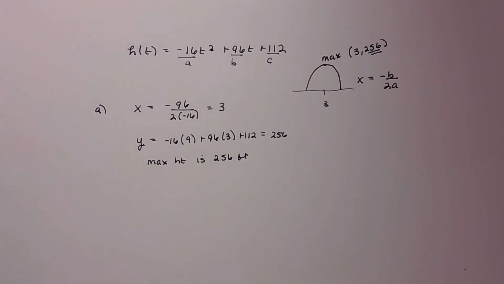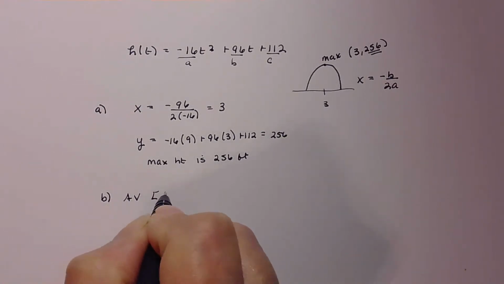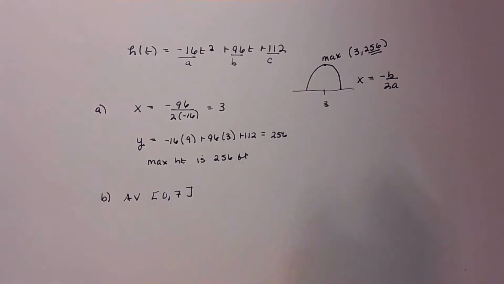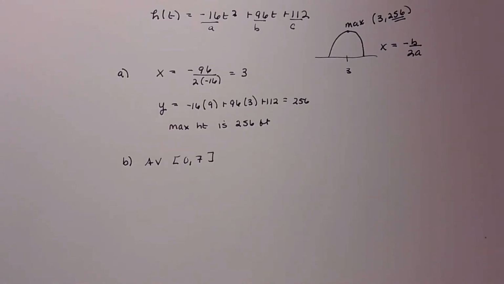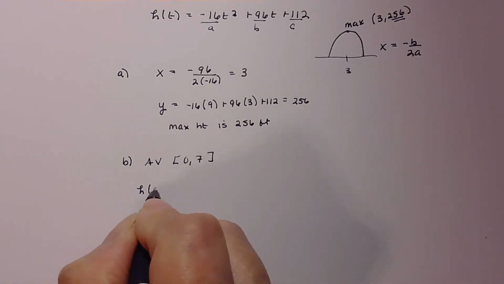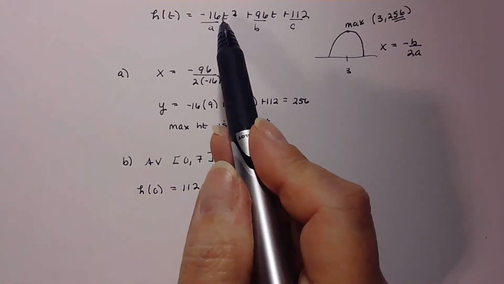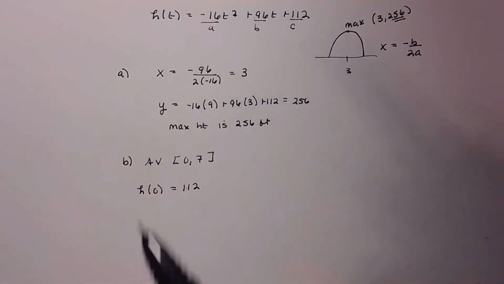Easy peasy. In part B, you want the average velocity on the interval from 0 to 7. Also easy peasy, okay? It's plug and chug. So you have to evaluate h of 0, which is 112. No work there. If I plug the 0 into this function, all of those terms are going away except the last one.